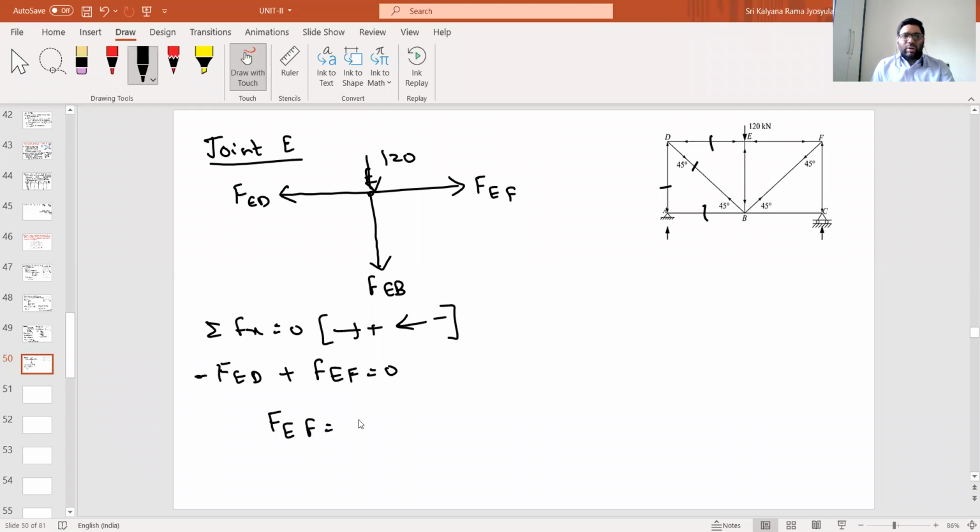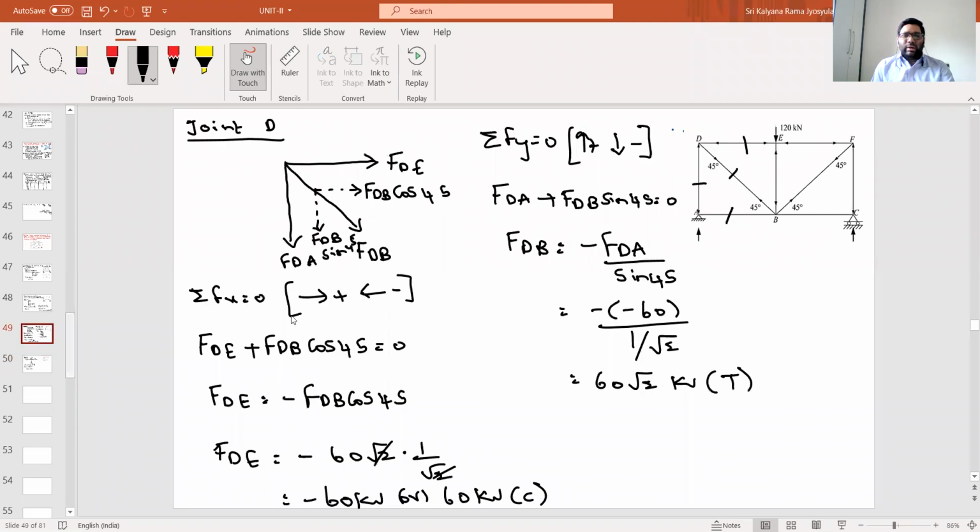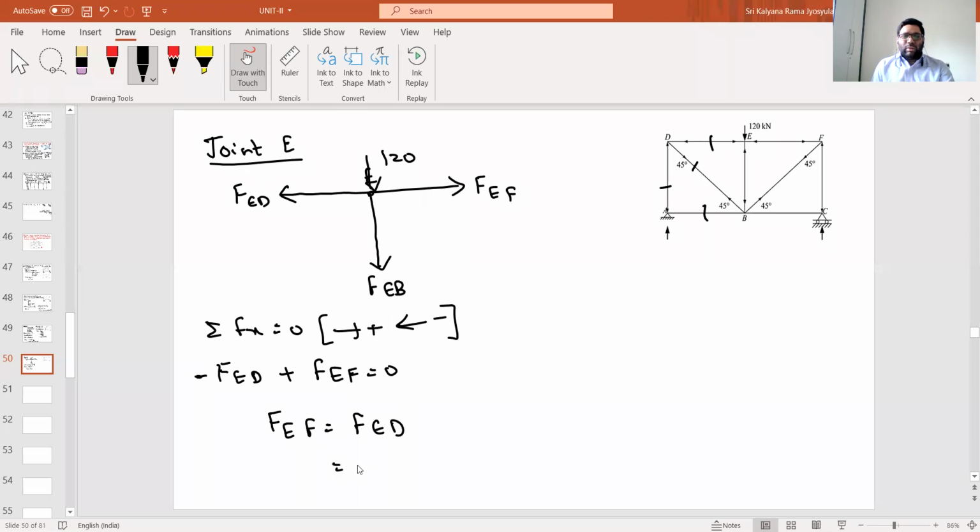So FEF is equal to FED. What is FDE? We got minus 60. So that is equal to minus 60 kilonewton, or 60 kilonewton compression. So we got FEF. As I said, ED and EF are same, symmetry.